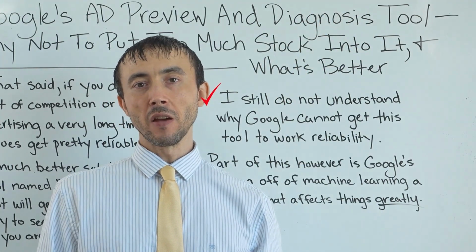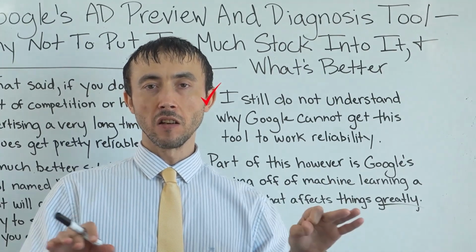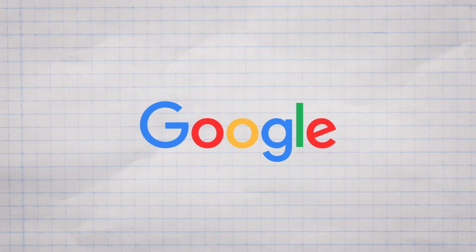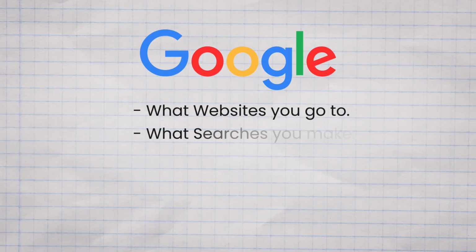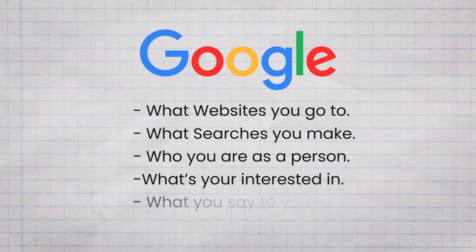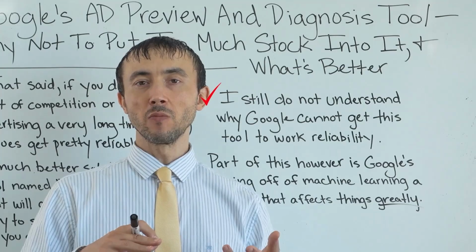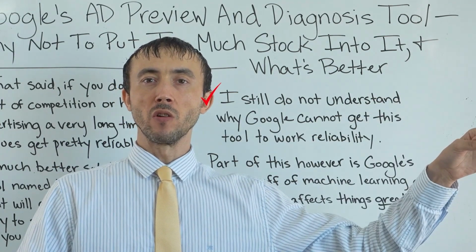Nowadays, it's completely different. It's still predicated on that generalized idea, but Google monitors everything you do online. What websites you go to, what searches you make, who you are as a person, what you're interested in, what you say next to your device, because they can get data not only from their apps, but people that have other apps that record your voice.